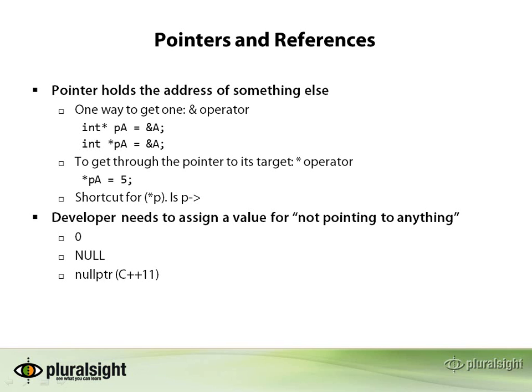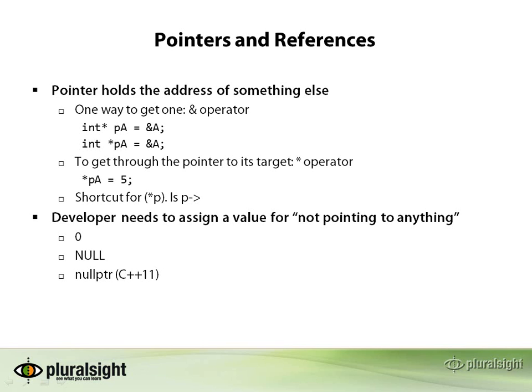Because now in C++11, we have a language keyword, nullptr, or "null putter," as many C++ folks pronounce it, to kind of distinguish it from the ordinary English words "null pointer." This keyword is perfect for saying this is a pointer that doesn't point to anything. And you can test it, and it will return false. A pointer that's got the value nullptr will return false when you say if the pointer.